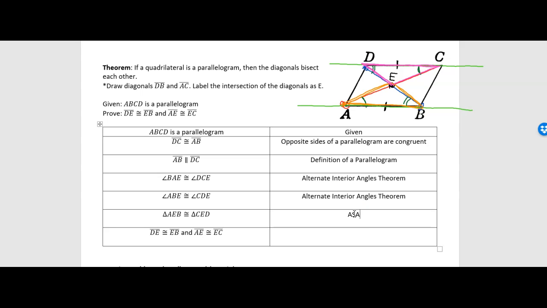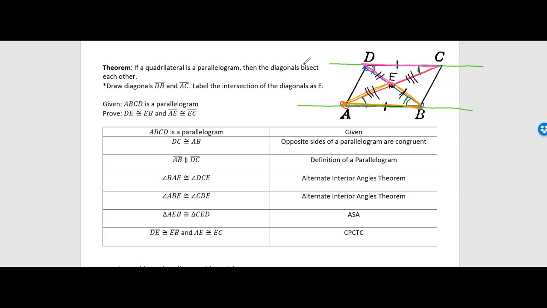Once I know that two triangles are congruent, I can prove that their corresponding parts are also congruent by CPCTC. Right? I can prove that side DE is congruent to side EB, and I can prove that side AE is congruent to side EC.